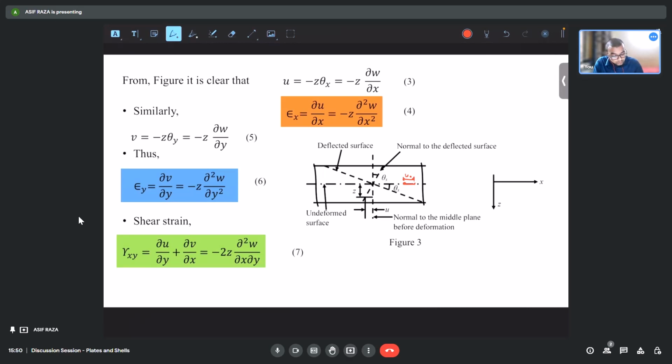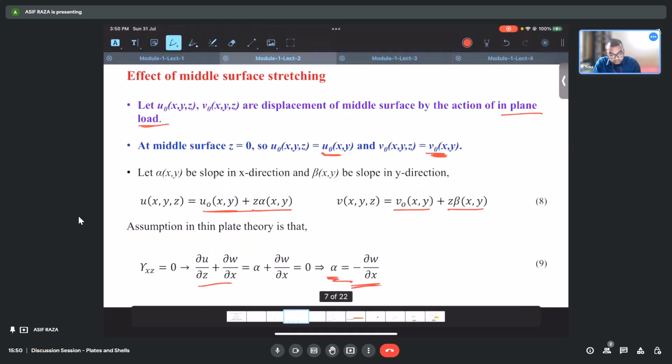Now the points in the upper or lower layers, above or below the neutral axis, would also be displaced, as well as rotated by the slope. So the net displacement would be u plus z times alpha, like this. So u naught is the displacement of the middle surface by the action of in-plane load.